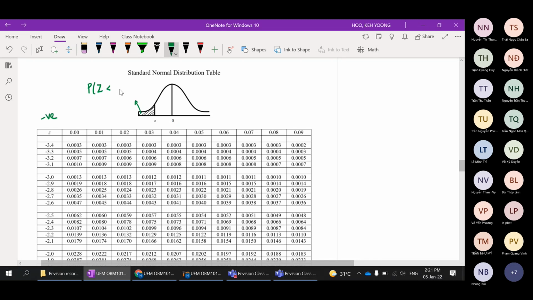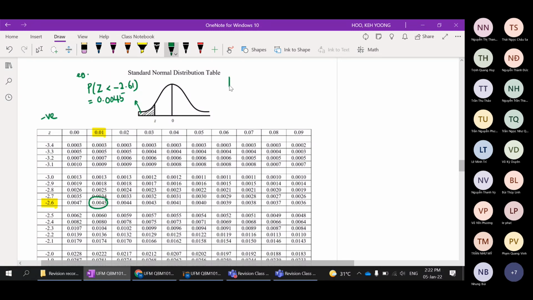Let's say you want to find the probability Z less than -2.61, for example. You look at -2.6 for the first decimal, and for the second decimal, you look at 0.01. So your probability will be 0.0045. The area that you look up is always to the left.